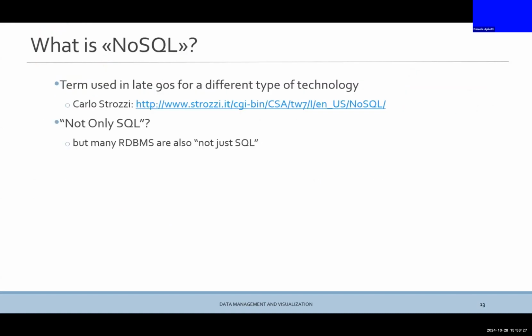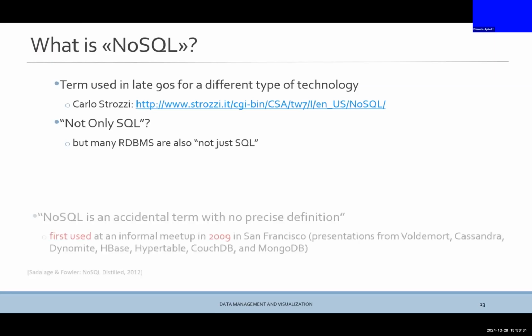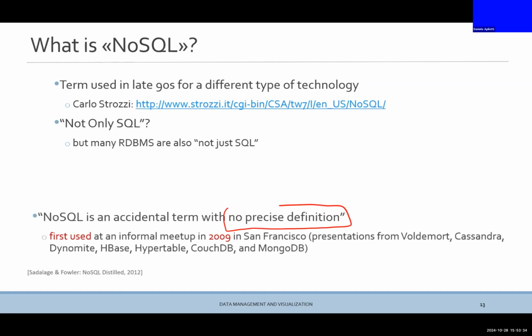So what is NoSQL? It's a term which is very vague, I would say, so there is no precise definition. It groups a very heterogeneous family of databases, okay? So it's like saying Italian and non-Italian, okay?